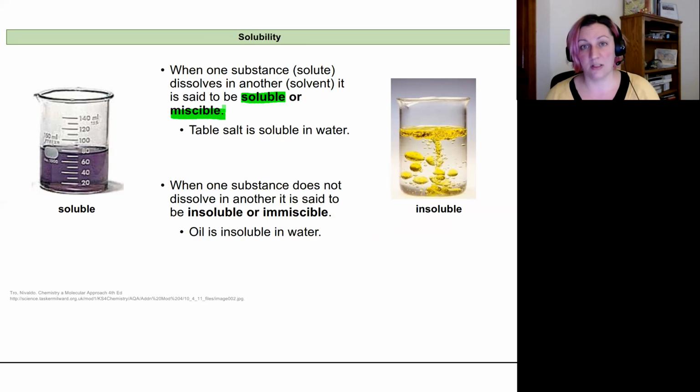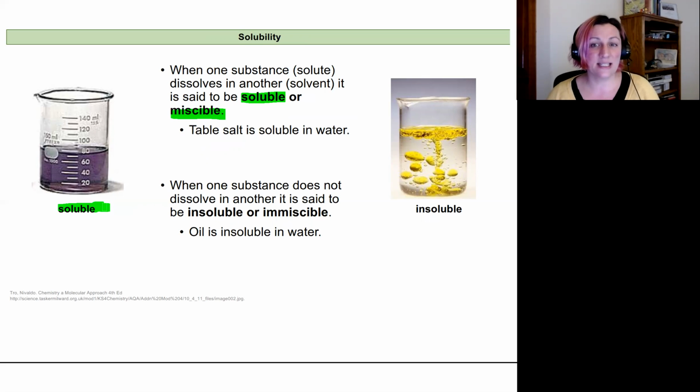These words can be used interchangeably. An example of this is table salt dissolved in water, which makes a really boring image because it's just a clear liquid. Here's cobalt chloride dissolved in water, and it makes a colorful solution. But the trick is, I'm seeing a homogeneous solution. I don't see chunks of solid and then liquid.